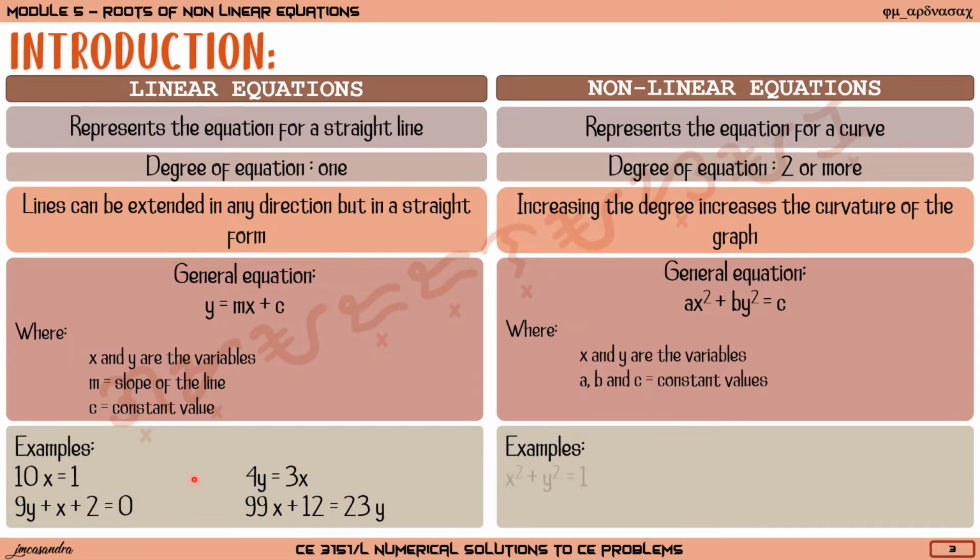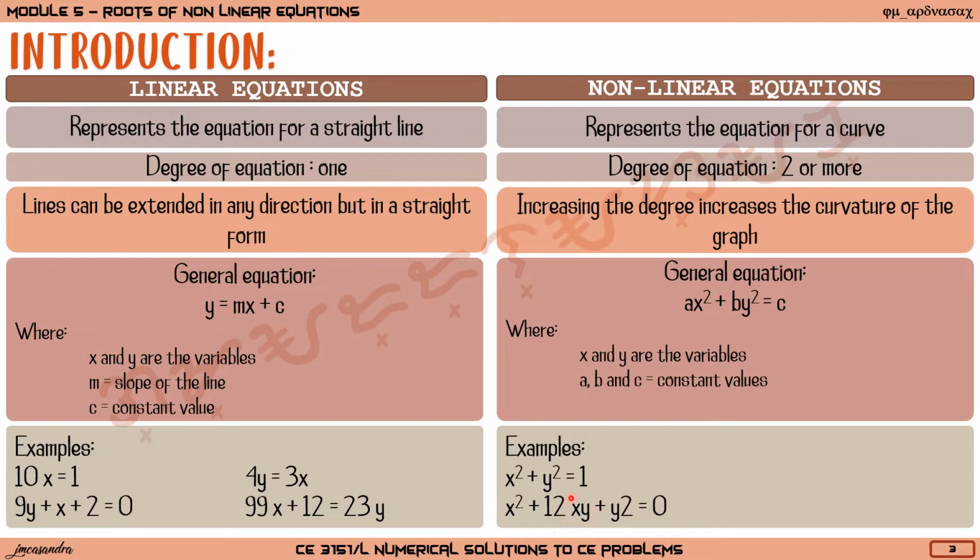For nonlinear equations, an example of this would include x squared plus y squared equal to 1. This follows our general equation. We also have x squared plus 12xy plus y squared. So we have two variables in our equation, and one or more of our variables are in the second degree.